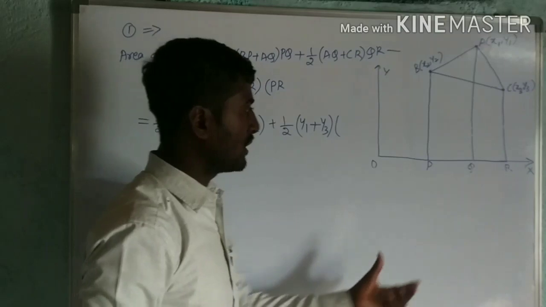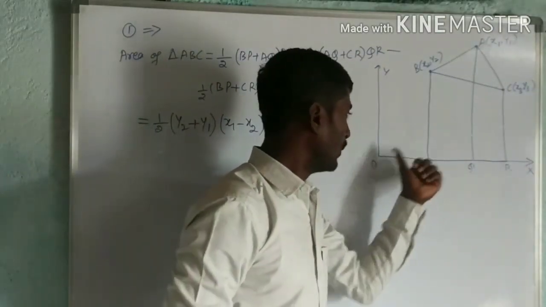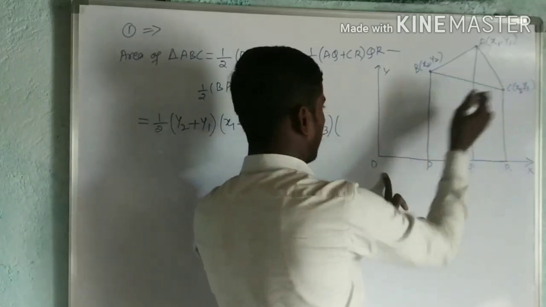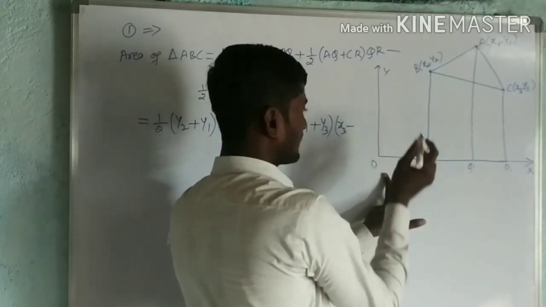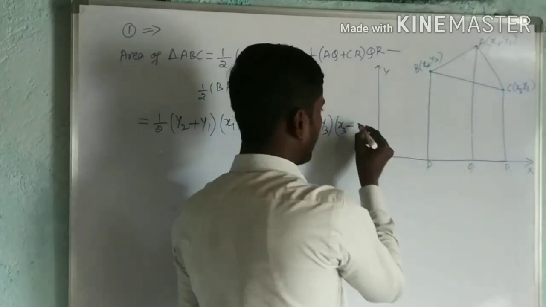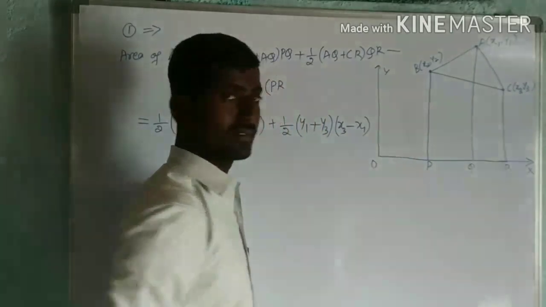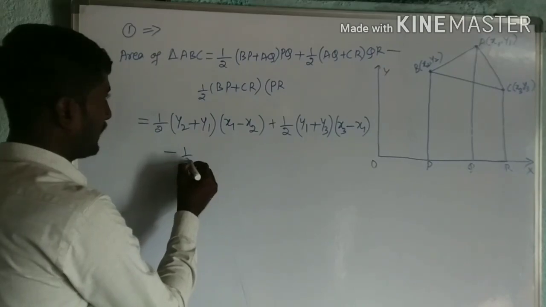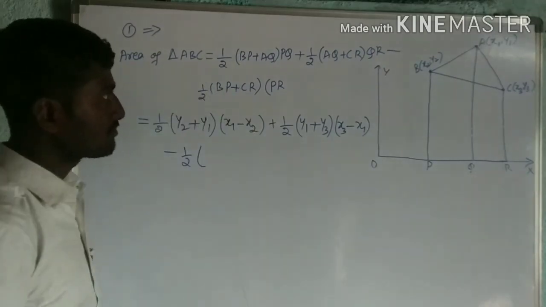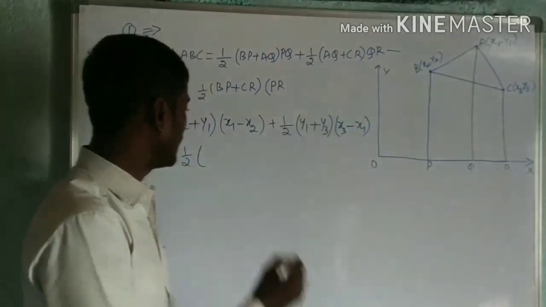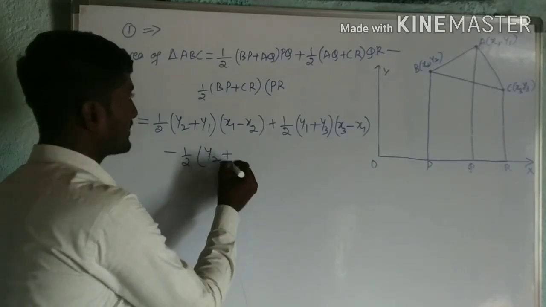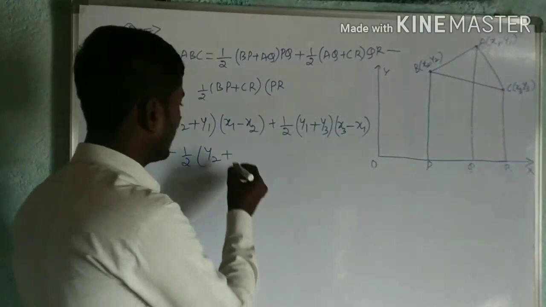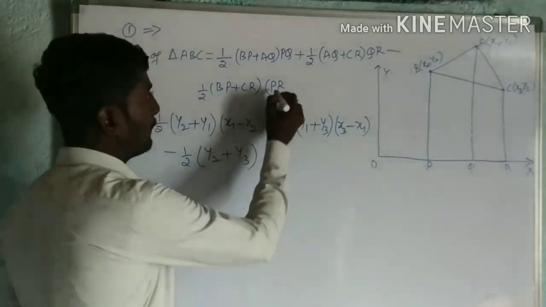QR means OR minus OQ. So OR is x3 minus OQ is x1, x3 minus x1. Now minus sign is there, minus 1 by 2 into BP. BP is here y2 plus CR. So CR is here y3 into PR.